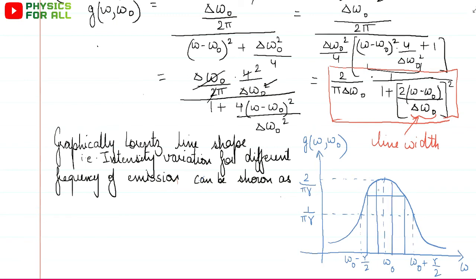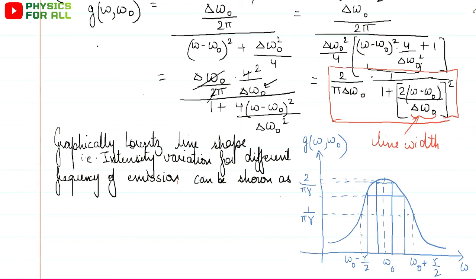And remember that all these frequencies would be symmetrically placed on either side of this omega naught. Whatever frequency you obtain, one would be higher than omega naught, the other would be lower than omega naught. So they would be symmetrically placed on both sides because Lorentzian distribution is almost a symmetrical curve. This is how we can find the values of frequencies for the plot.